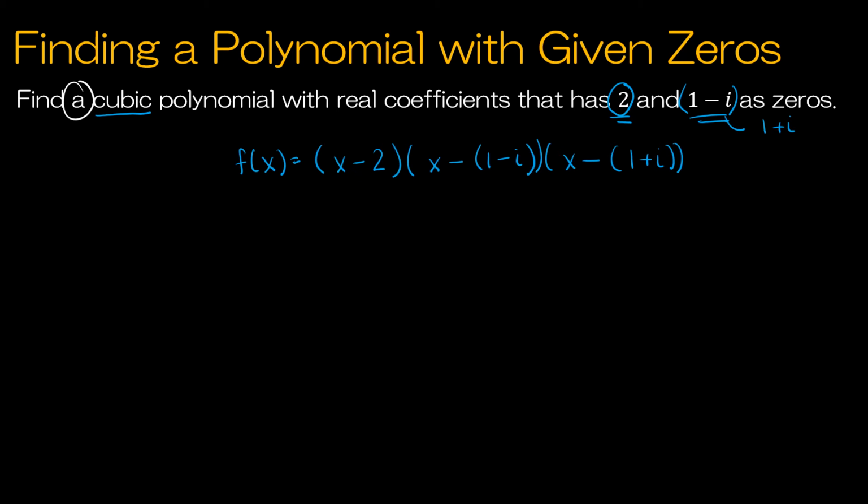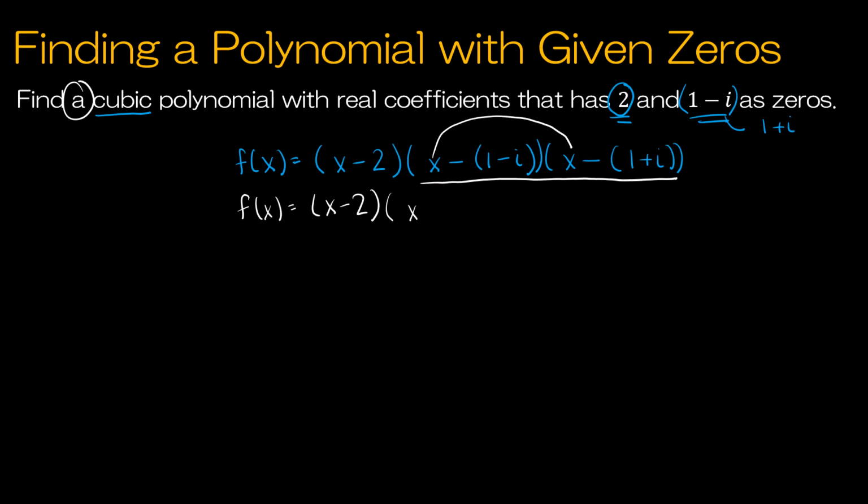So we're just going to let that be 1 for now so we can focus on the more difficult part, which is multiplying these binomials. So again, we have f of x. This one we're going to keep till the end because we want to multiply these two together. So let's focus on these two. If I'm foiling, and I'm going to write a lot of steps here just so you understand exactly where everything comes from.